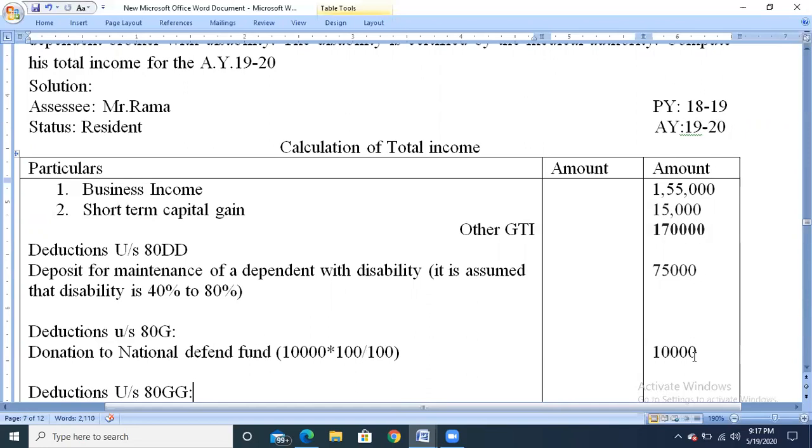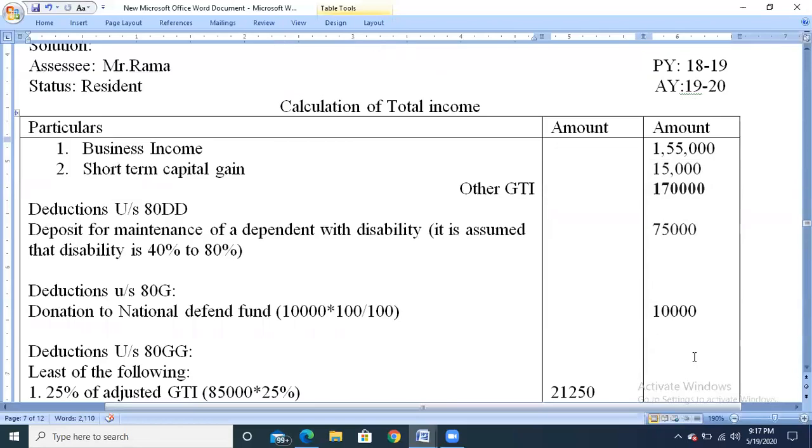Next, deductions under section 80GG, because he is paying rent of rupees 4,000 in Bangalore and is not receiving any house rent allowance, and in Bangalore he is not owning any house property in his name or his wife's, sons' or daughters' names.